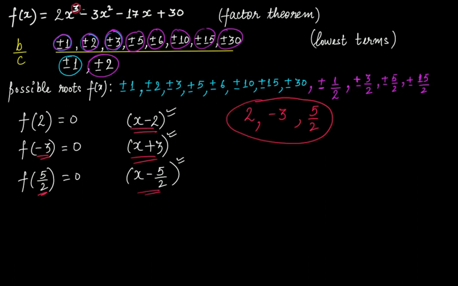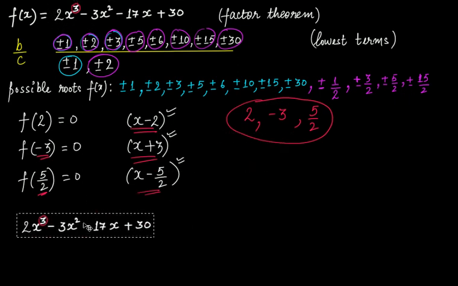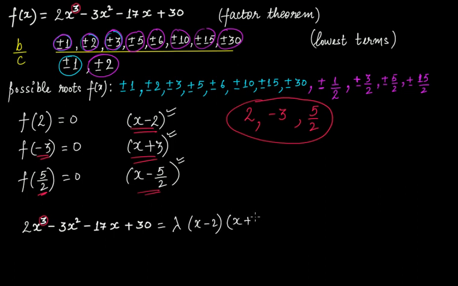So in this case our f(x) is, let's copy this, Control C, Control V, equal to lambda times (x minus 2)(x plus 3)(x minus 5 by 2), right?